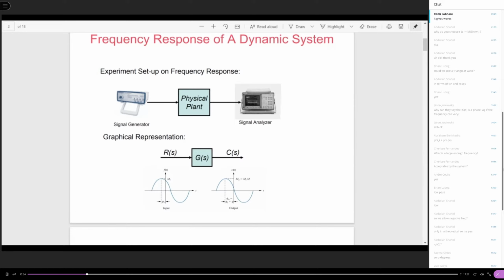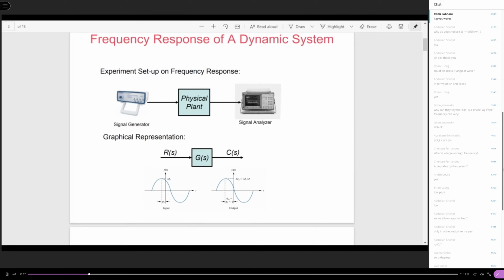So when we conduct this frequency response analysis, in your brain you have to be able to switch the domain. We no longer conduct analysis in the time domain. Instead, we are going to conduct the analysis in the frequency domain. So let's see how we can do it.